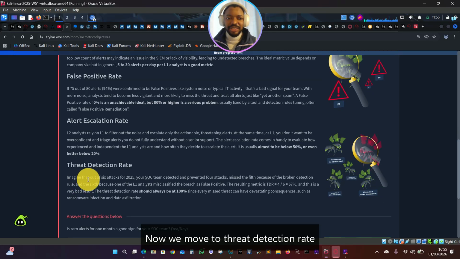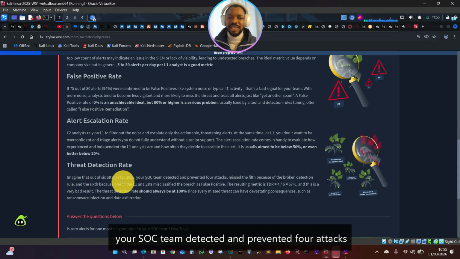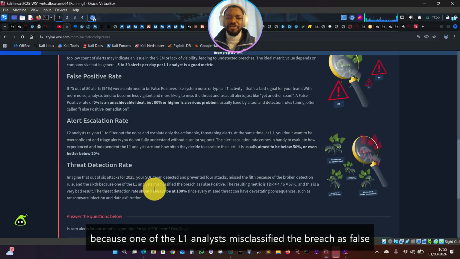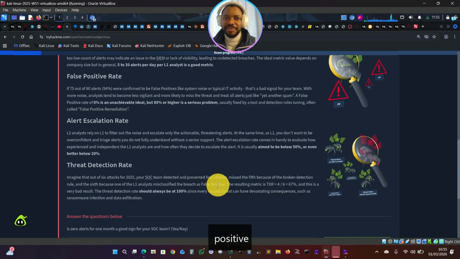Now we move to threat detection rate. Imagine that out of 6 attacks in 2025, your SOC team detected and prevented 4 attacks, missed the 5th because of a broken detection rule, and the 6th because one of the L1 analysts misclassified the breach as a false positive.